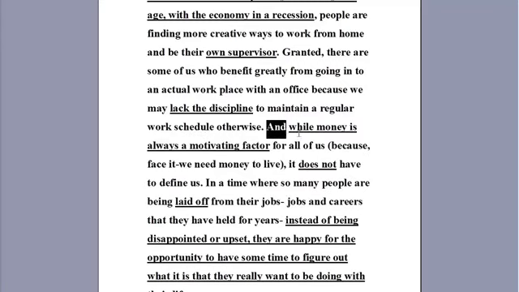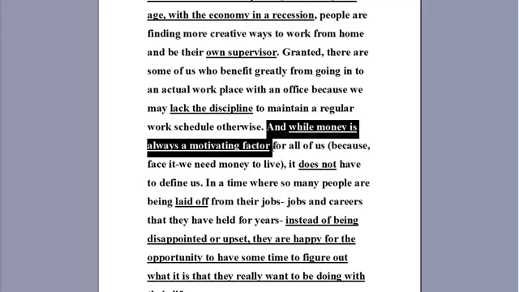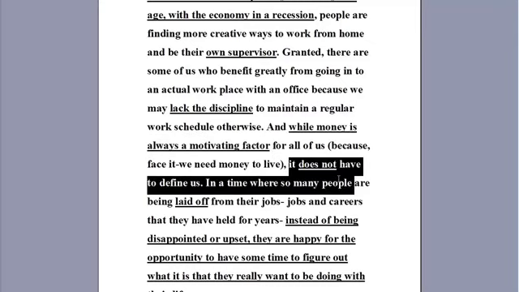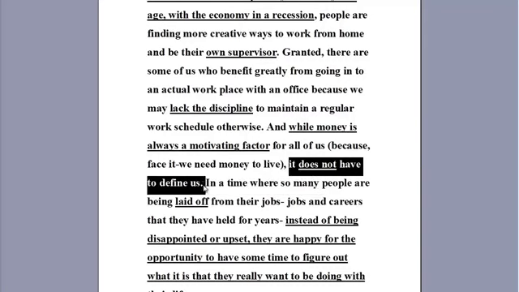Again, it is not the main theme of the paragraph. Money is not used as a motivating factor in this case, in this paragraph, in order to convey that. This paragraph is used to say that it does not have to define us. Money, all the time. Something else is more important.